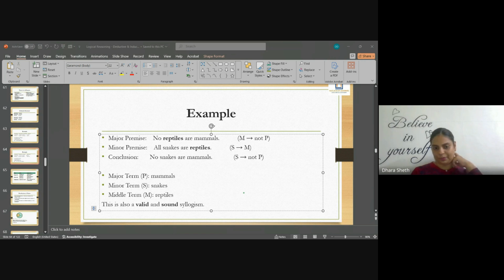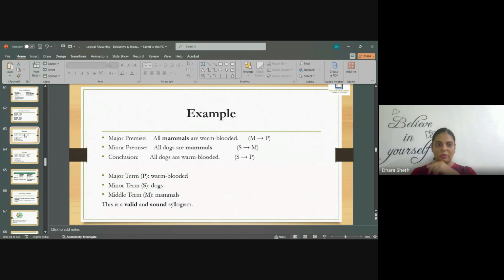Clear? If anyone wants me to explain this once again, tell me, because everything that we talk about forward tomorrow is going to be based on this. I think I'll talk about it once again tomorrow also. So logically, both these examples are valid and sound.